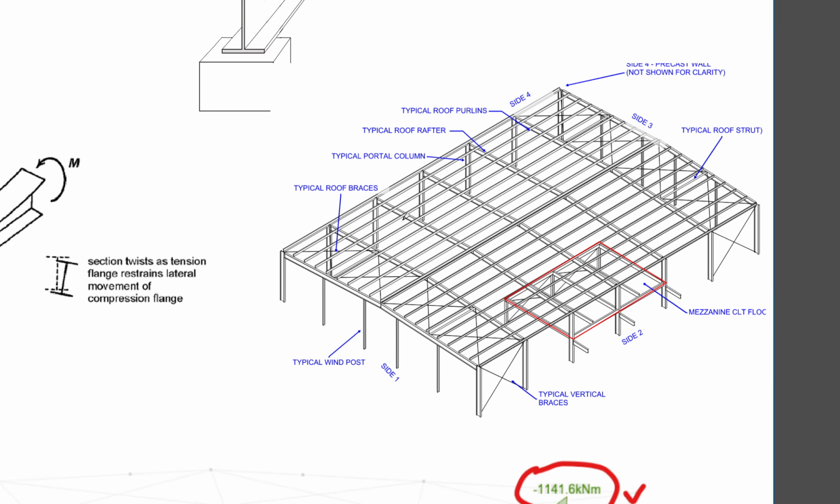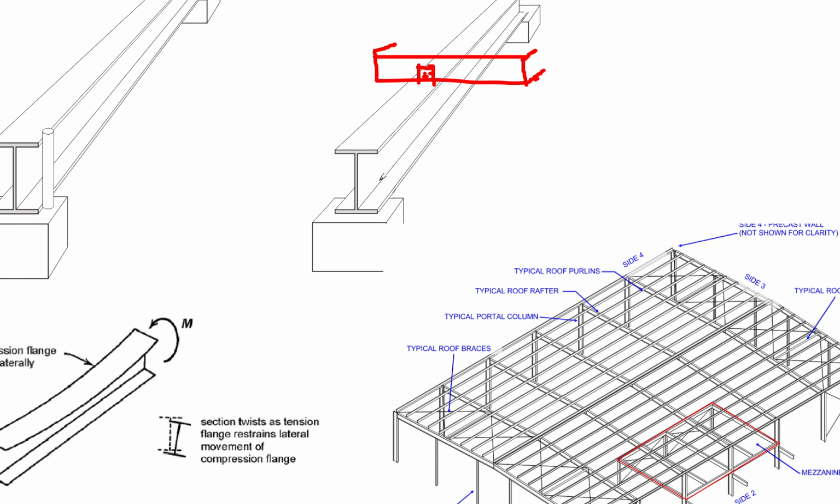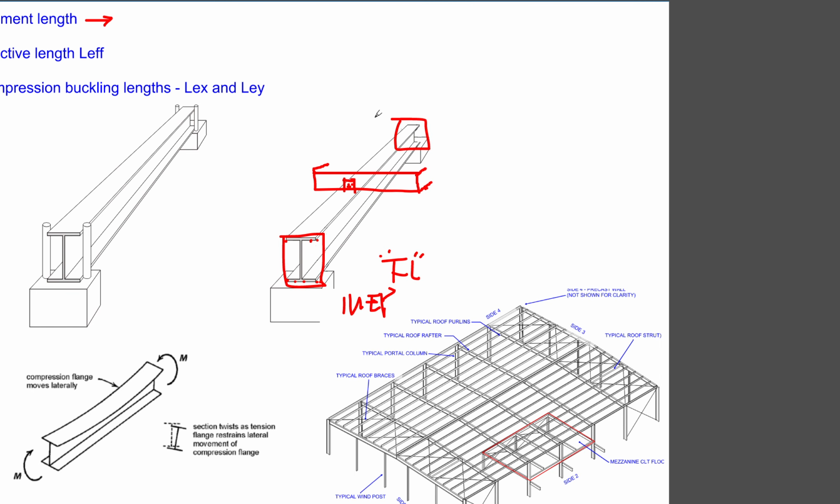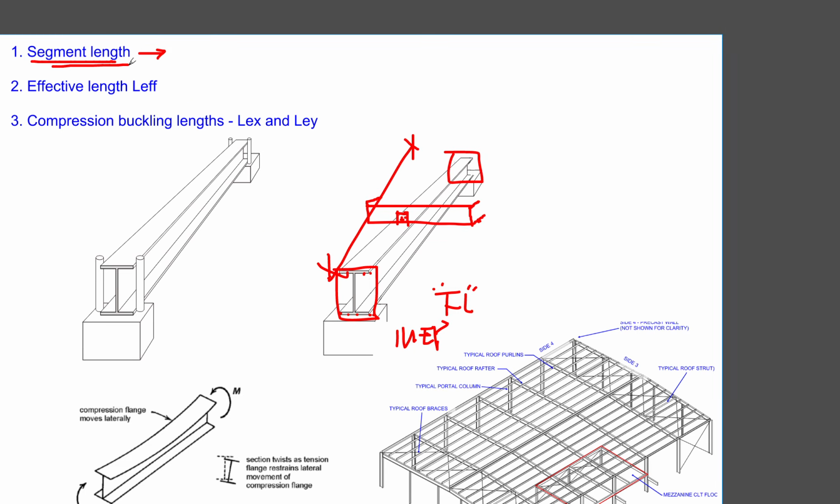To qualify as full lateral restraint, FL, your top and bottom flanges are restrained. For example, if you have a welded cleat or welded plate like an MEP plate at both ends of the beam, that provides a very good flexural lateral restraint, which is the FL. Between those two solid fixings, that gives you the segment length.